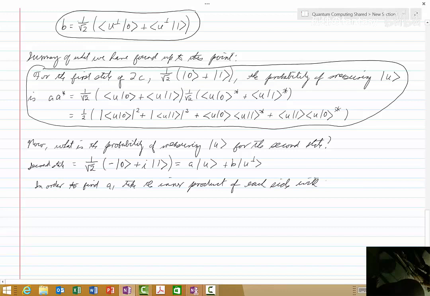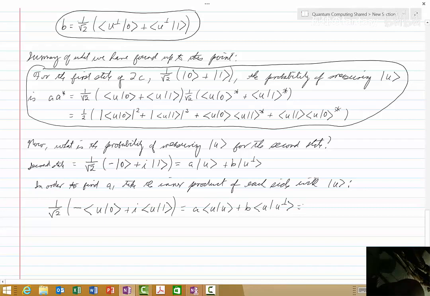With U. And when we do that, we will get 1 over square root of 2 times minus the inner product of U with 0 plus I times the inner product of U with 1 is equal to A times the inner product of U with U plus B times the inner product of U with U orthogonal.